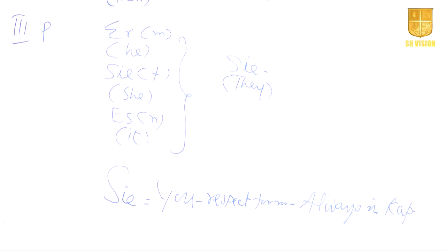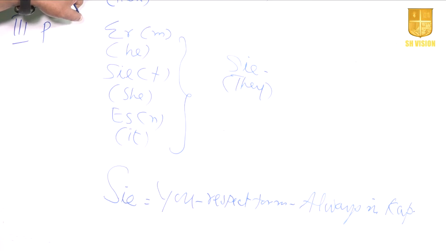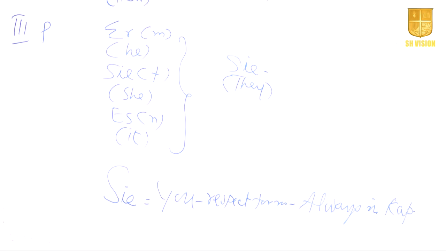If you are speaking with a person who is a stranger or who is your superior, etc., you don't use du. Du is used only for friends, children, family members, etc. But Sie is for strangers, superiors, especially for strangers.